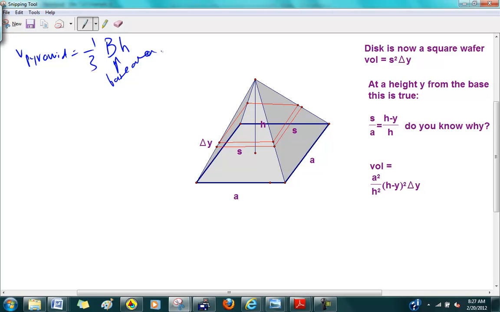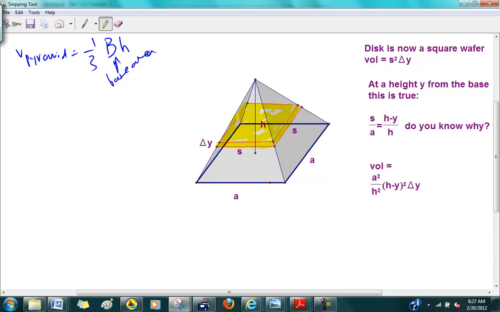If you take a look at this pyramid here, I've cut out a slice there. It turns out that it is actually a wafer.